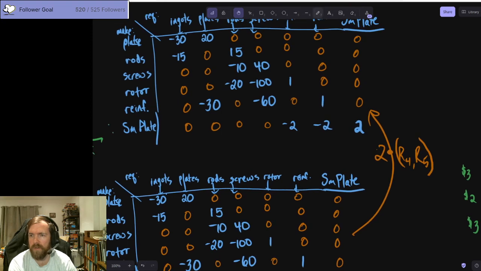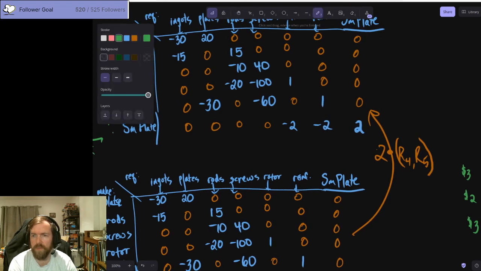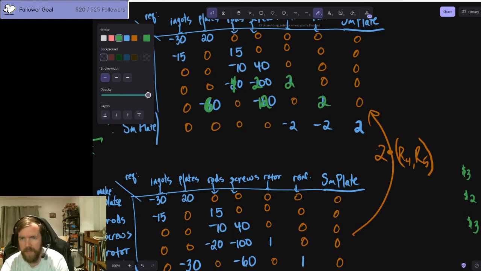So here, this is going to end up being 2, 2. This is going to be a requirement of 120. This is going to be a requirement of 200. This is going to be a requirement of 40 and a requirement of 60 per minute in order to make all of these things.